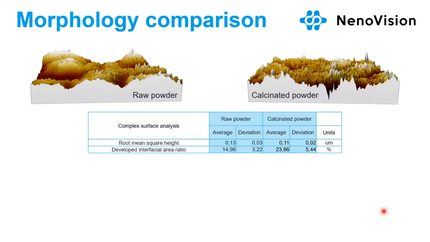But more importantly, if we have a look at the height profile, we see that the surface looks different. Even though the roughness is similar, the developed interfacial area ratio is 10% higher in calcinated powder. So it's quite a change.